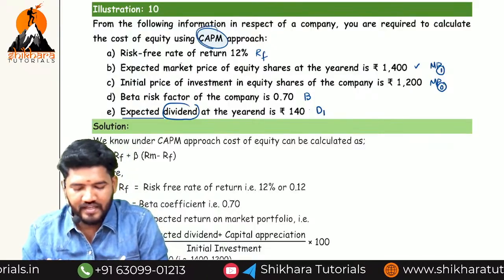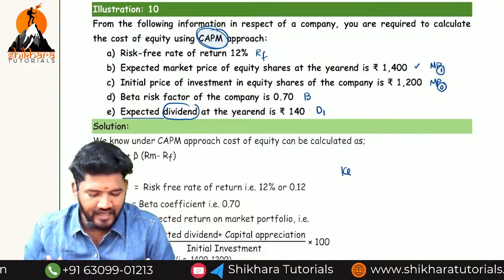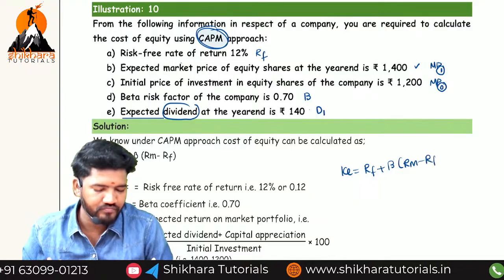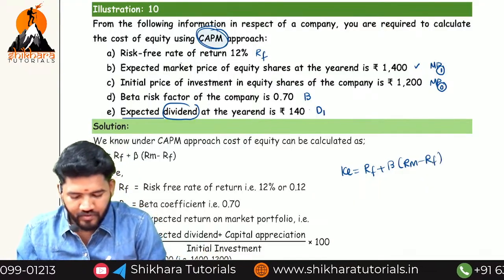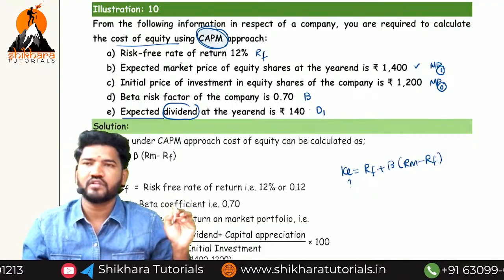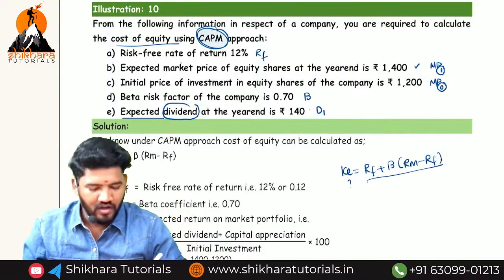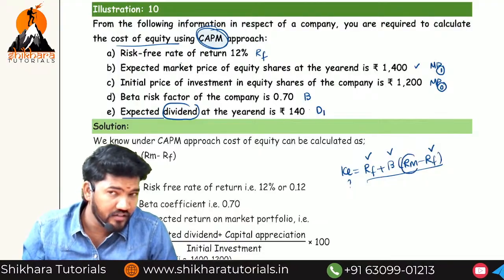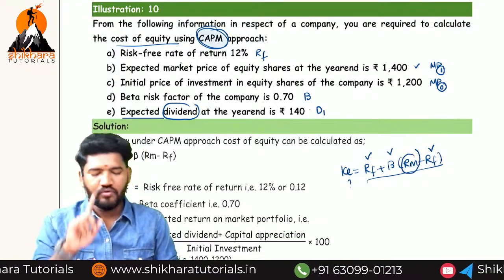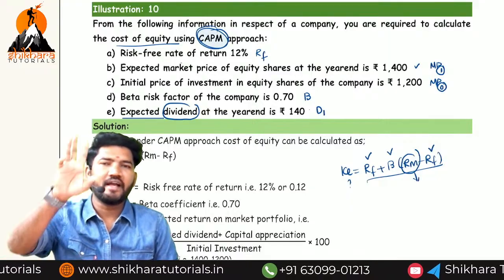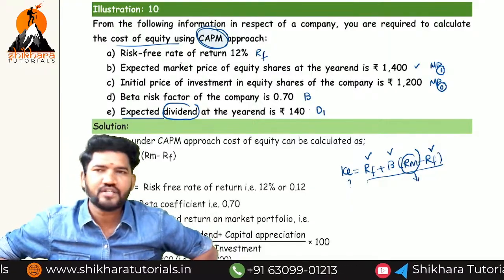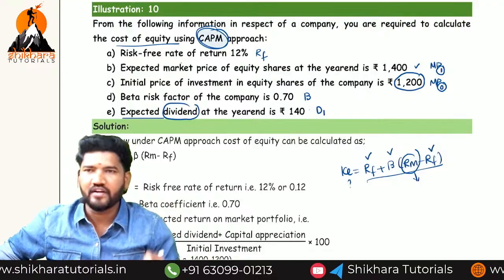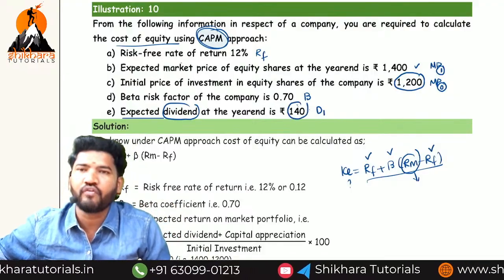They are asking from the CAPM point of view. I know the formula: KE equals RF plus beta into RM minus RF. Yes or no? Now they are asking for KE. RF is there, beta is there. What is not there? The return on market. Now I understand one point. In the market, I purchased one share for 1200. For holding that share for 1 year, I received a dividend of 140.